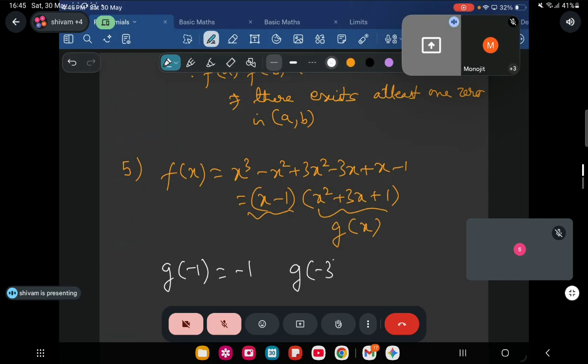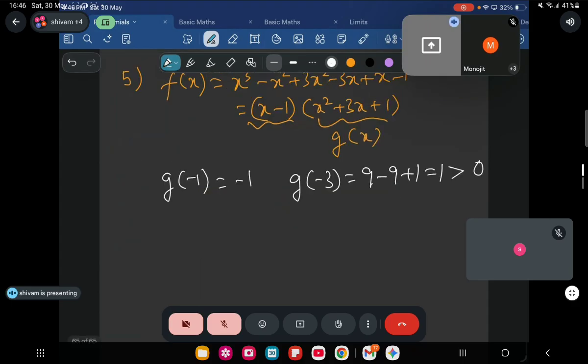And what is g(-3)? g(-3) is equal to 9 minus 9 plus 1, which is 1, which is positive, right? g(-1) is negative and g(-3) is positive. Can I say one root lies between -3 and -1?